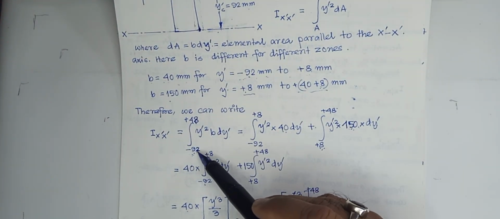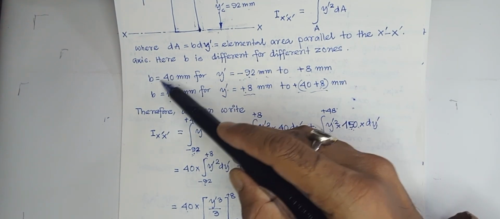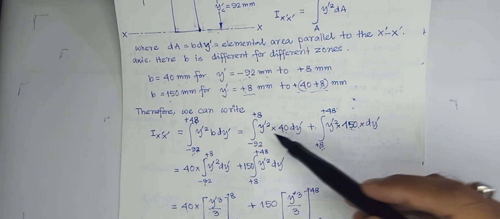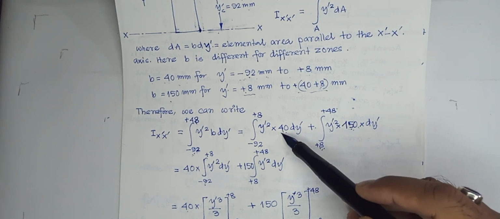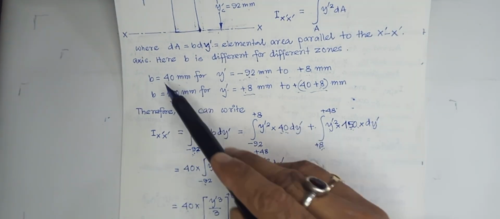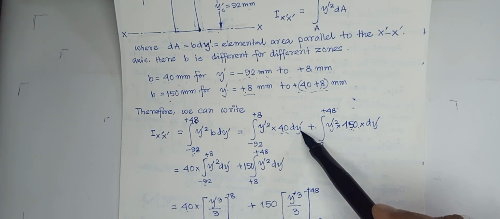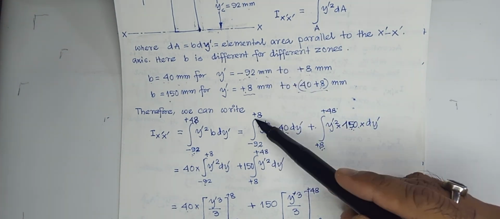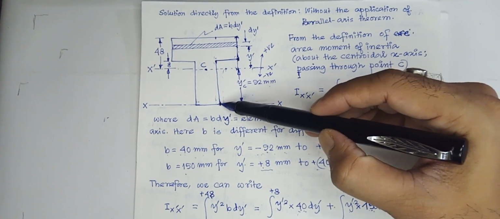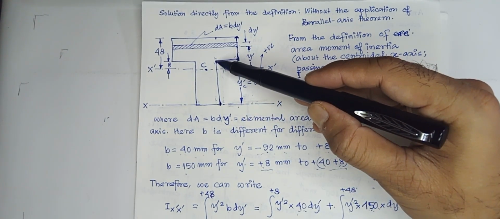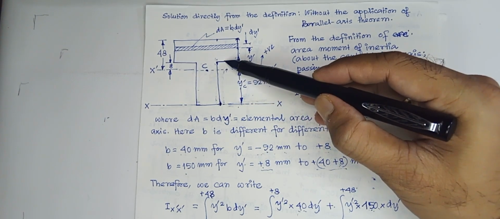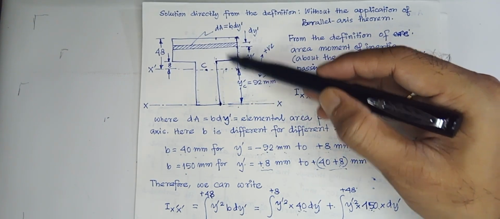Now what I have done, I have split it according to the variation of b. So minus 92 to plus 8 y prime square into b dy. Now b dy, b means 40 into dy prime. I have just replaced the value of b, because for this zone minus 92 to plus 8, b is constant. Again from this point to this point b is constant but a different value.